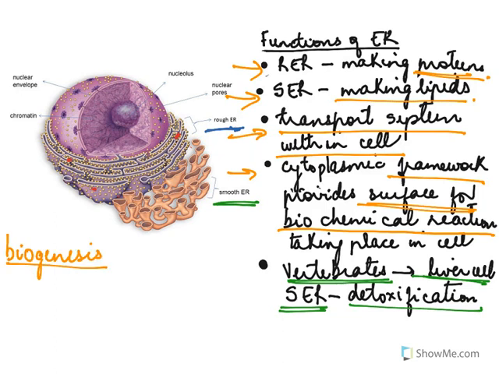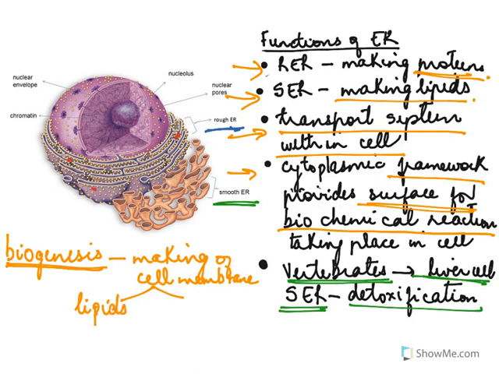Now we'll go next to see what is the term called biogenesis. Biogenesis is making of cell membrane. And we know the cell membrane is made up of lipids and proteins.